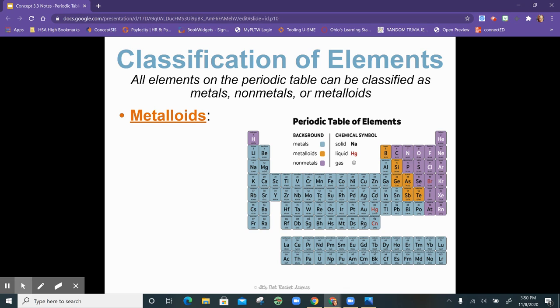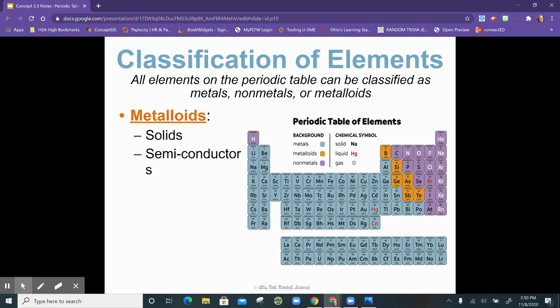Okay, so let's talk about metalloids. Metalloids are solids. They are semiconductors. That means half of their properties show metals and half show nonmetals, like they're both. Why? Because they can look shiny, but when you try to break or bend them with a hammer, they break into pieces.